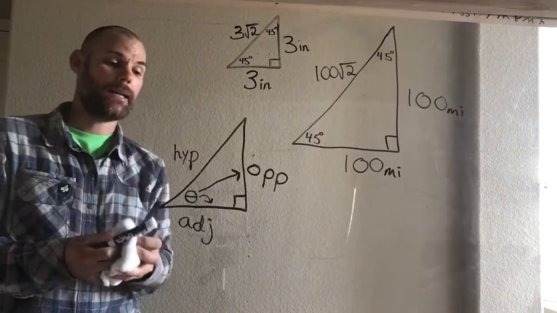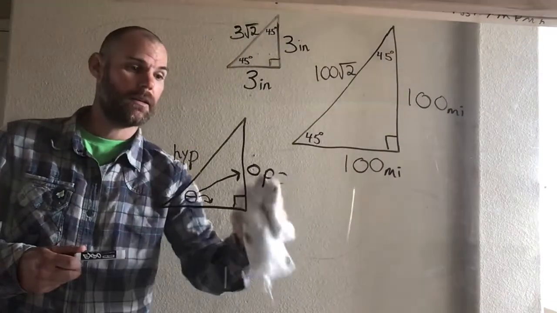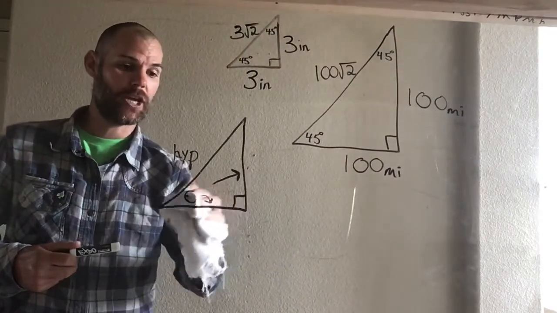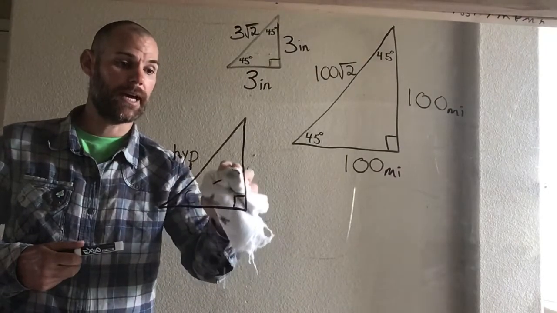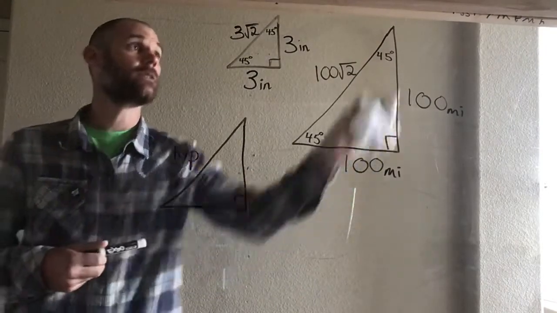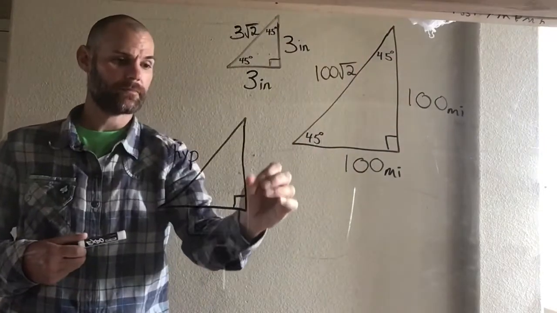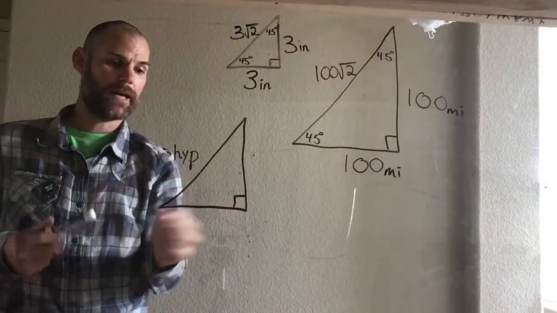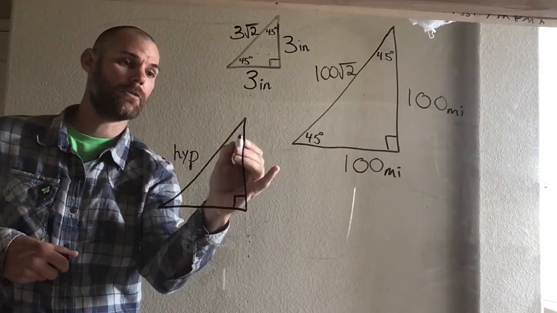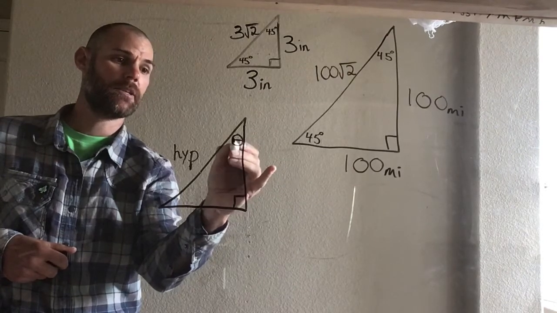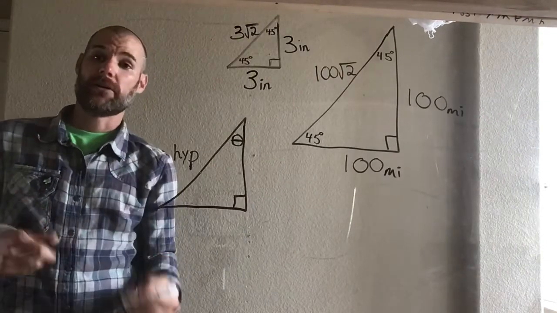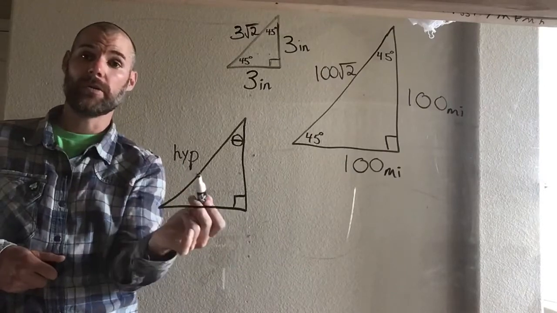Now let's go ahead and back up, and I'm going to change our reference angle, and let's take a look at how that changes the names of the legs. So I'm going to change my reference angle, or the angle that I'm looking from, to be up here. Now notice that the hypotenuse is always in the same spot.